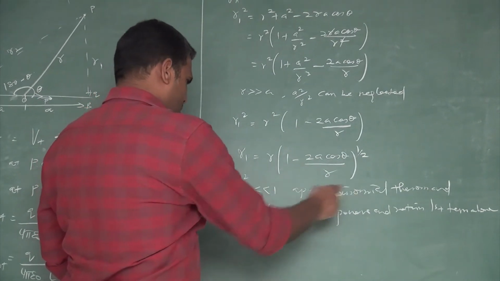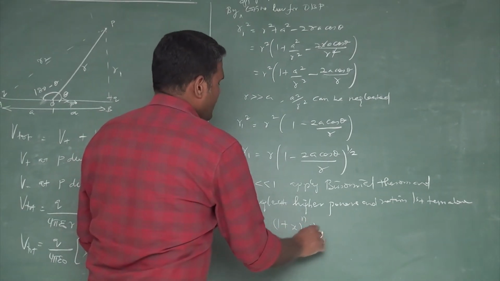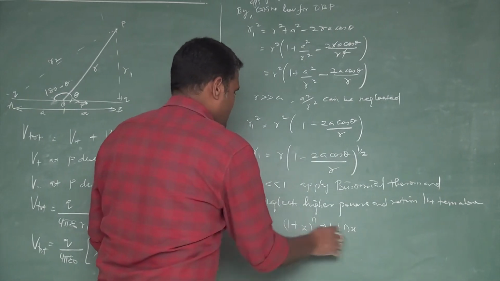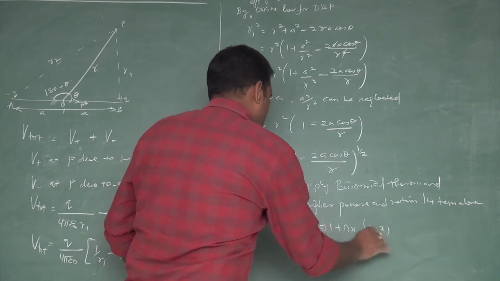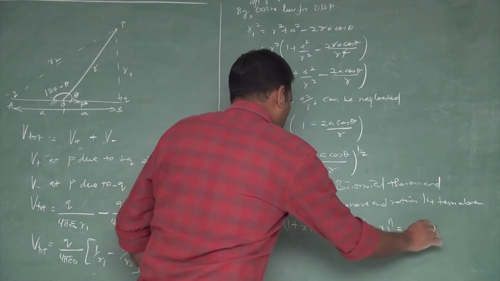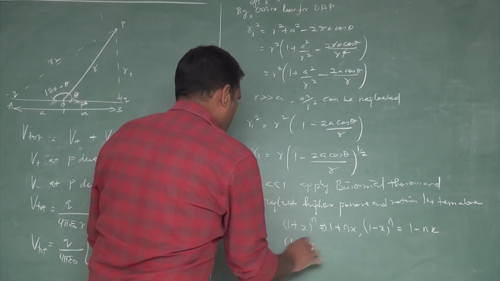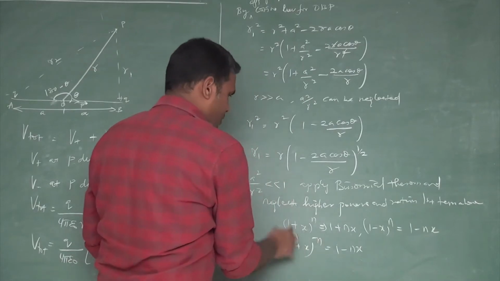The entire statement can be expressed in a simple way. If I have 1 plus x the whole power n, I will have 1 plus nx, the first term. If I have 1 minus x the whole power n, this is 1 minus nx. If I have 1 plus x the whole power minus n, it is 1 minus nx.